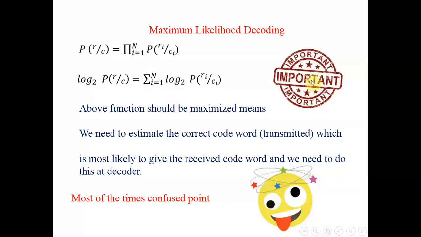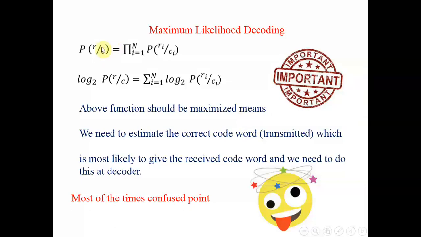This is very important. Most of the time the confusing point is the same point. So what we need to assume, we need to maximize the function, meaning we need to estimate the correct code word which is most likely to give the received code word. Right? Why am I writing received given corrected? Because the event of the correct code word has already taken place. So you have already transmitted the correct code word from the encoding side. Your first event is the correct code word which you have transmitted.